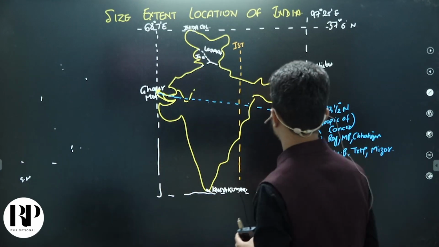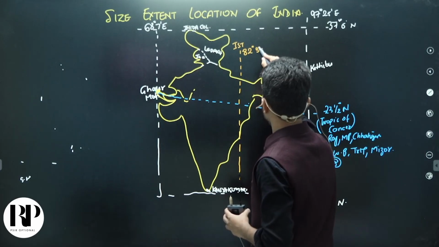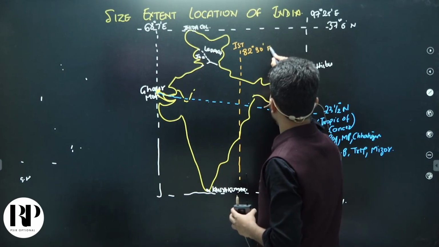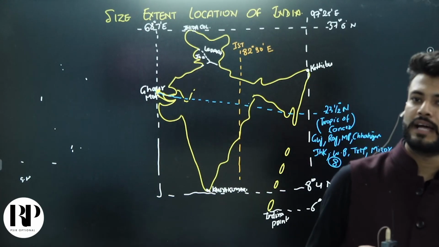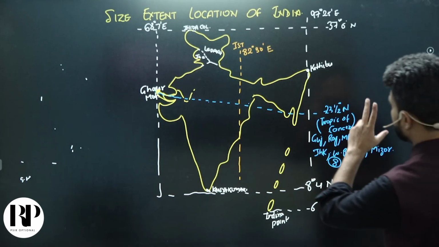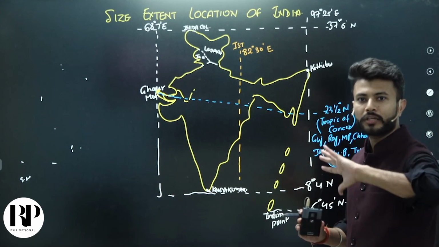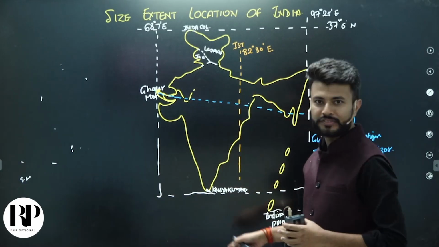So this is 82 degree 30 minutes east longitude. So because in India we are having just one time zone and hence we are having just one standard meridian, all the clocks in India are with reference to the IST.